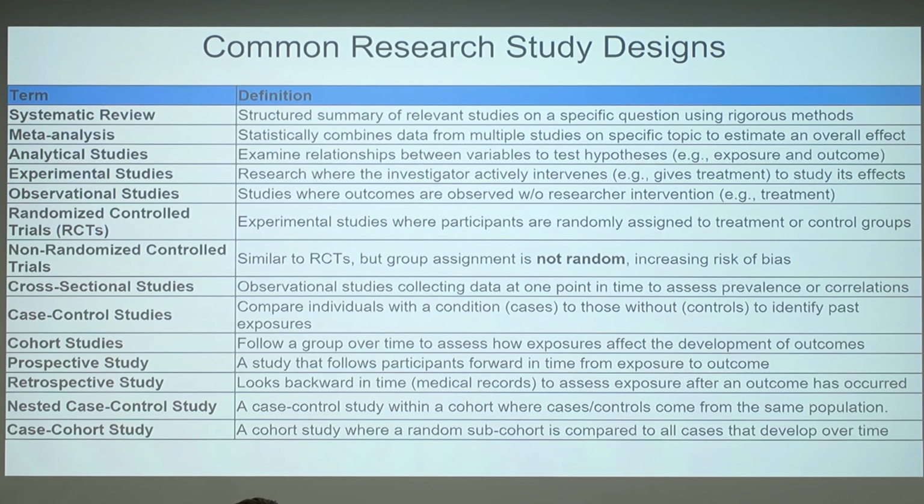In nested case control, if you're looking at exposure to a certain disease, every time someone within the full cohort gets the disease, you select a control from that cohort and compare the two.